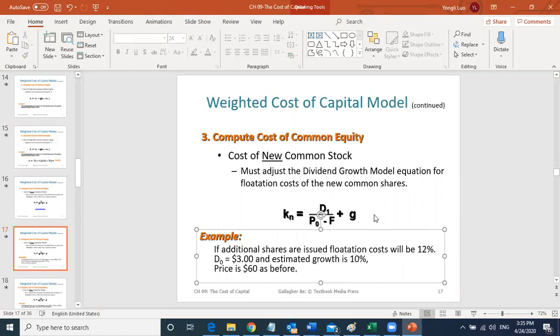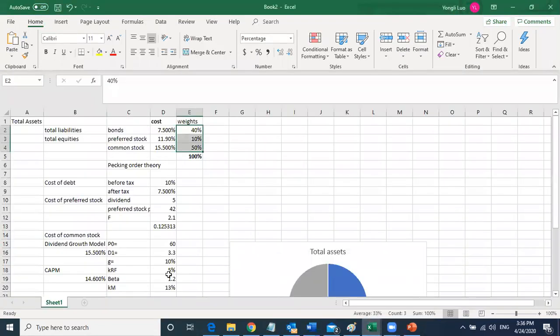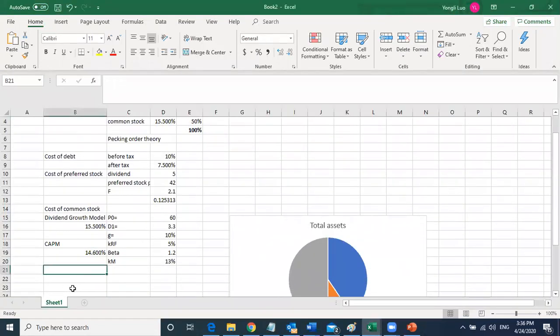So the new issue is D1 divided by the current stock price, $60, minus 12% of the $60. That's the flotation cost. And your new stock issue is 16.25%.